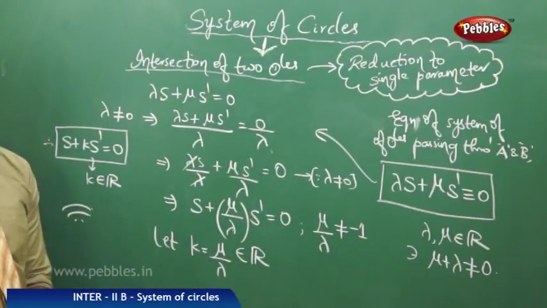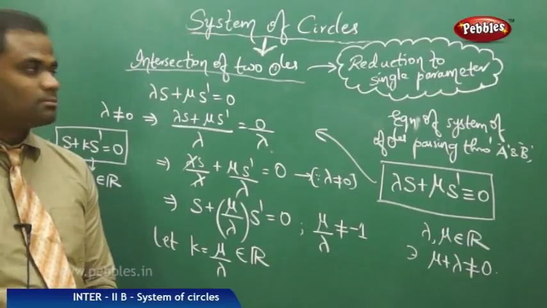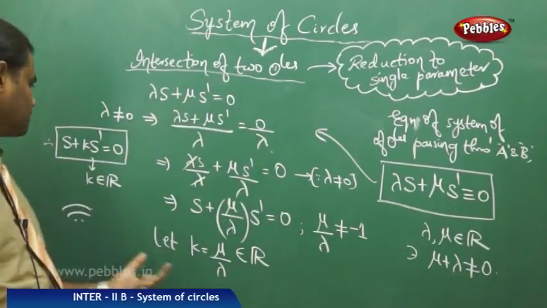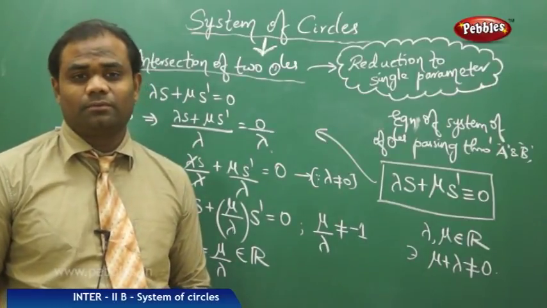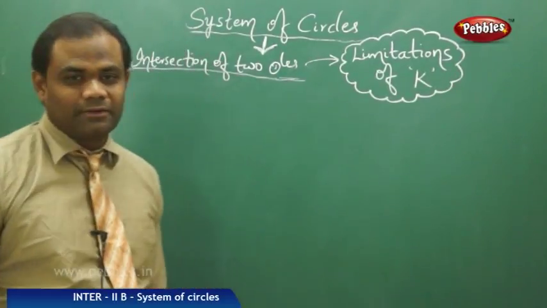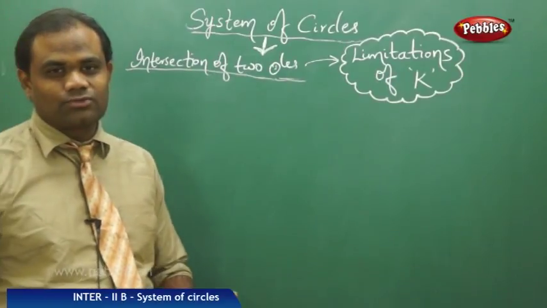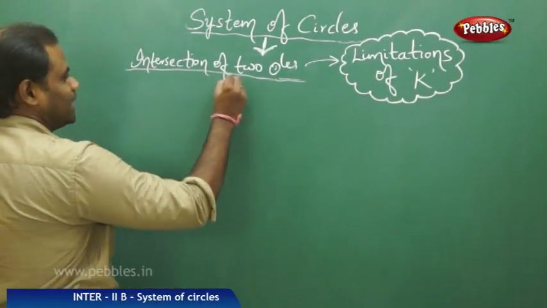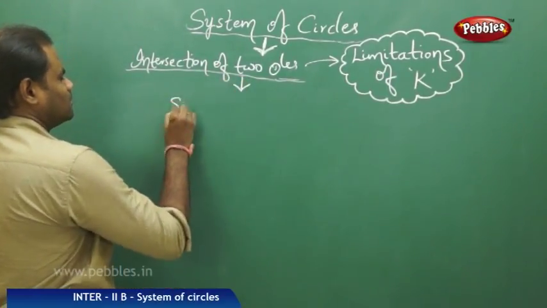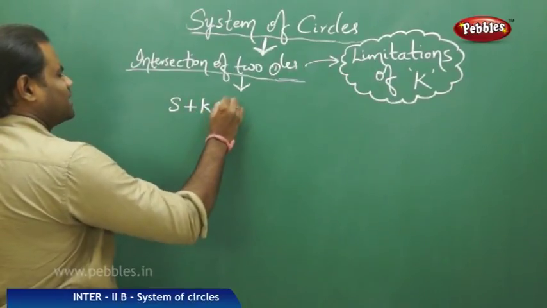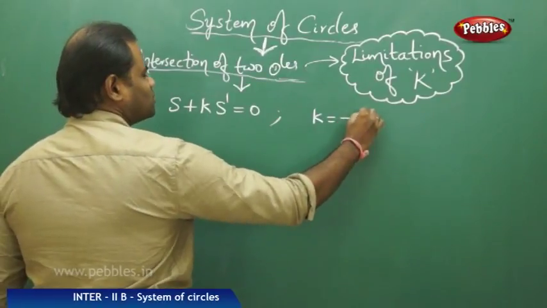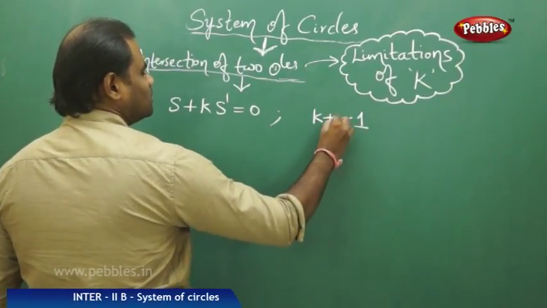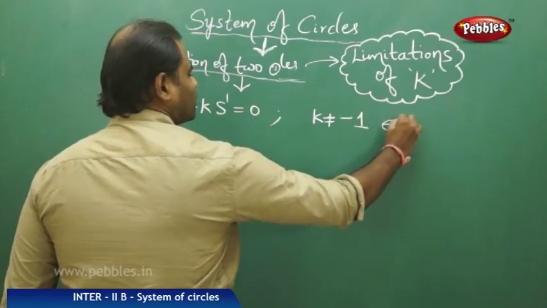In the previous case, we defined the system of circles for two intersecting circles as S + kS' = 0 with k assumed not equal to minus 1, belonging to R.